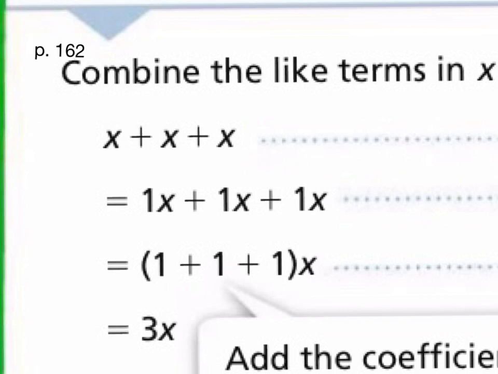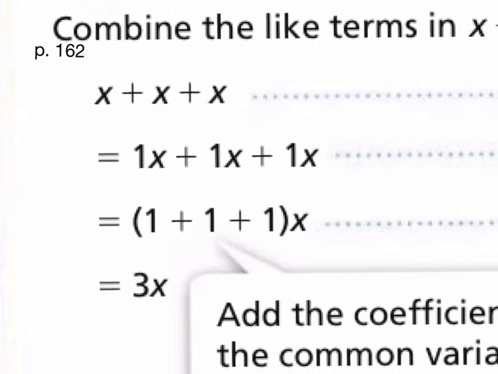We've got 1x plus 1x plus 1x. Those are like terms because the variable is the same. So we combine those together, that would be equal to 3x. So x plus x plus x is equivalent to 3x. Notice in that final answer, this is simplified because there are no like terms and there are no parentheses.